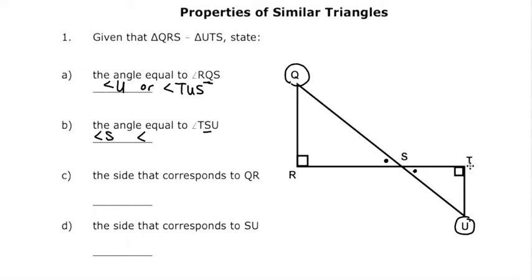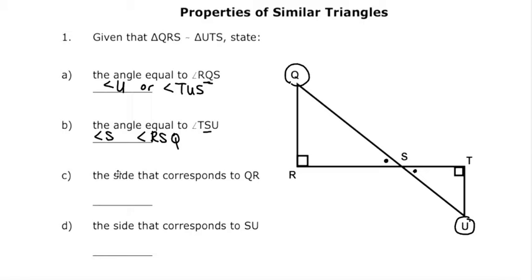So instead of going TSU, I'm going to call this one RSQ. So you'll notice that I go in the same order that this angle was in the first one. So I went from the right angle to S to that one. So I'm going from the right angle to S to Q for the other one.